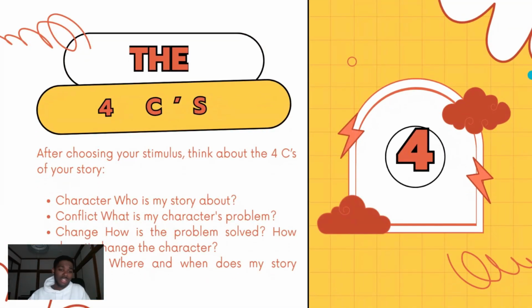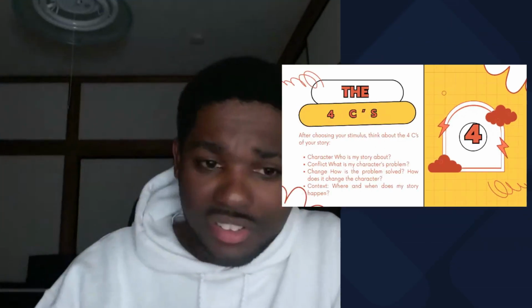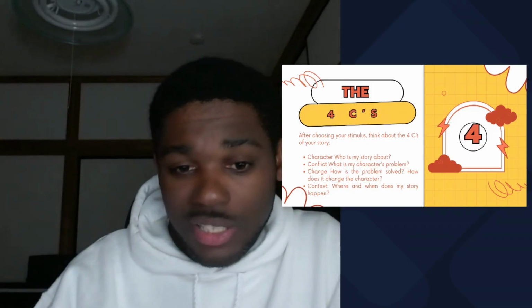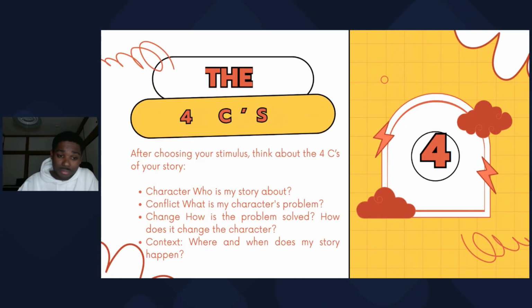Next up, master the 4 C's. You guys need to watch my story writing video. Master the 4 C's, right? So after you choose your stimulus, you need to think about these 4 things. 1, character. Who is my story about? 2, conflict. What is the problem that my character is going to face? 3, change.